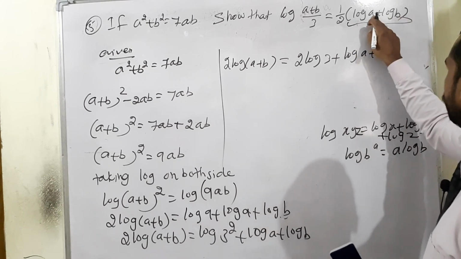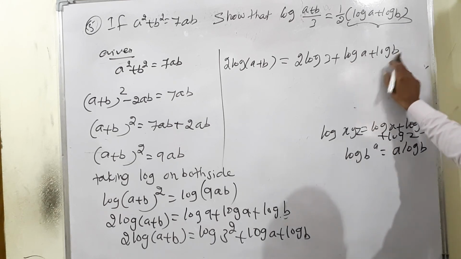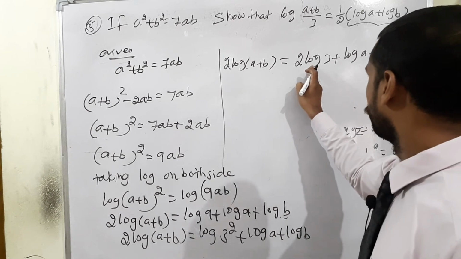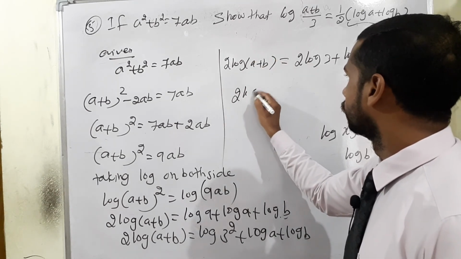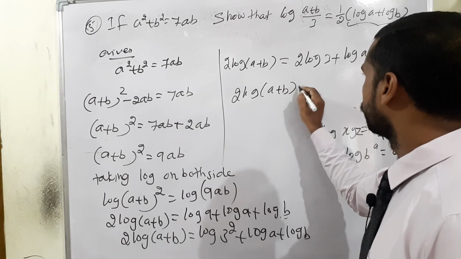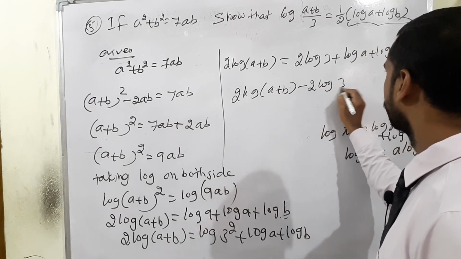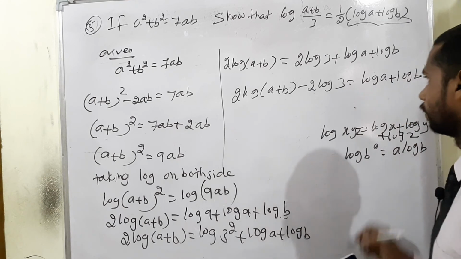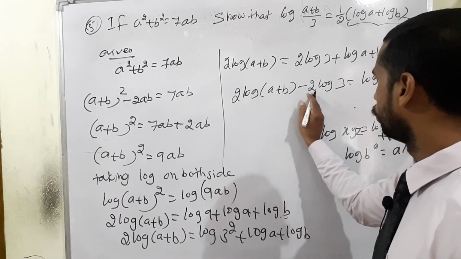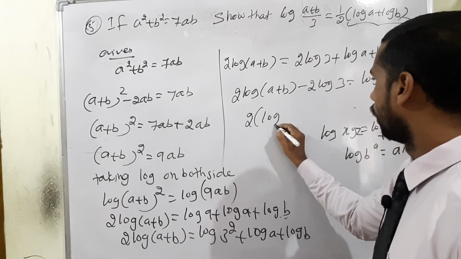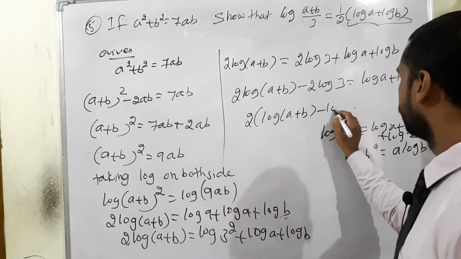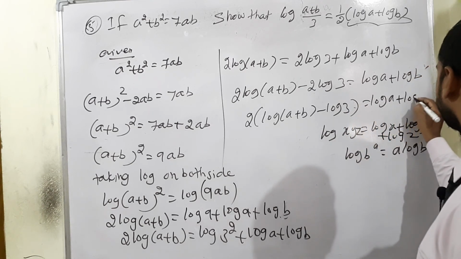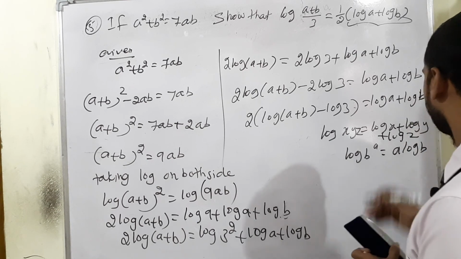On the opposite side we already need log a plus log b, so keep it as it is on the right hand side. The remaining 2 log 3 we bring to the opposite side. So 2 log (a plus b) minus 2 log 3 is equal to log a plus log b. Now 2 is common, take it outside: 2 times log (a plus b) minus log 3 is equal to log a plus log b.